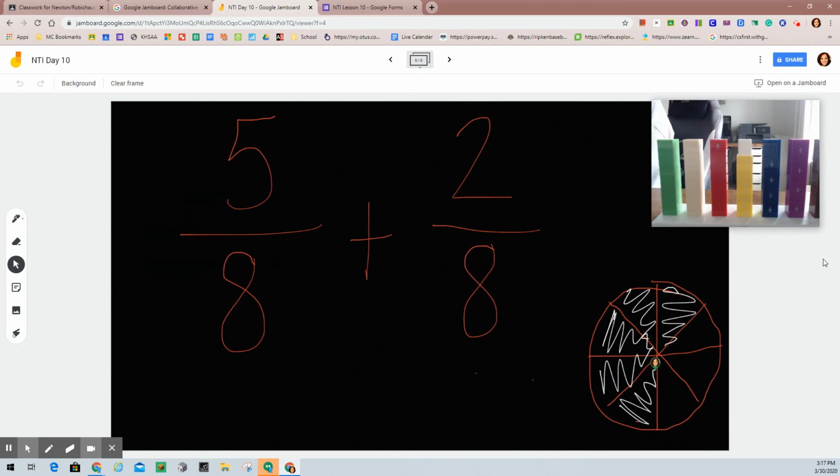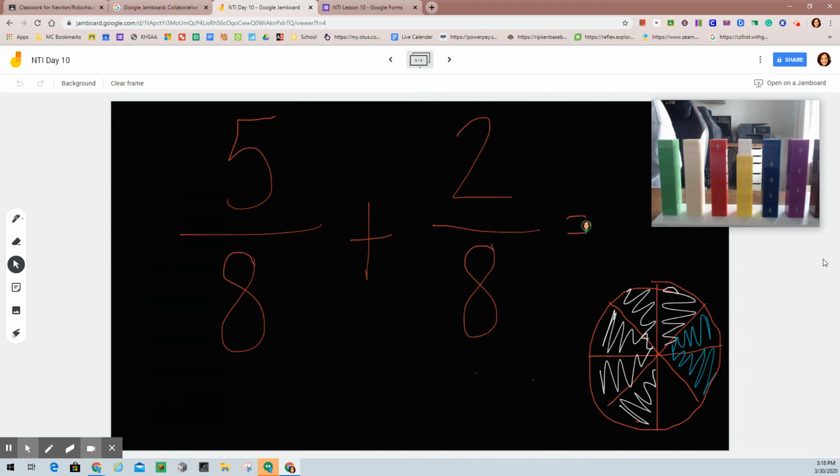Okay, so there's 5/8. If you look. All right, now it wants me to add in 2/8. So I'm going to go ahead and color in 2/8. 1, 2. Now it wants me to add them all up. 1, 2, 3, 4, 5, 6, 7. I know that I have 7/8.